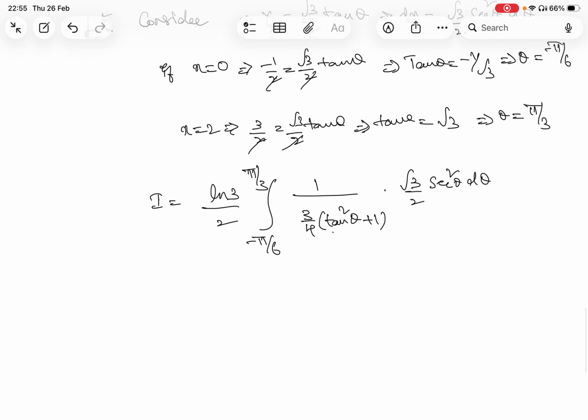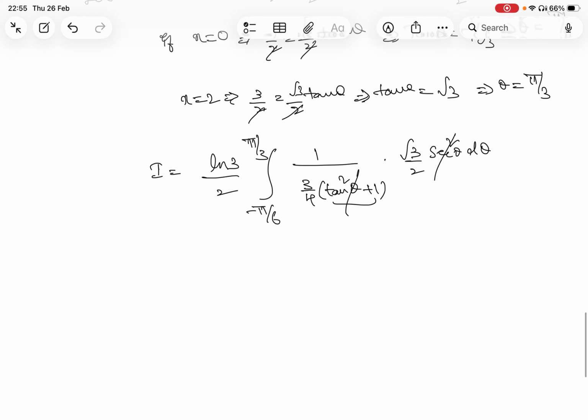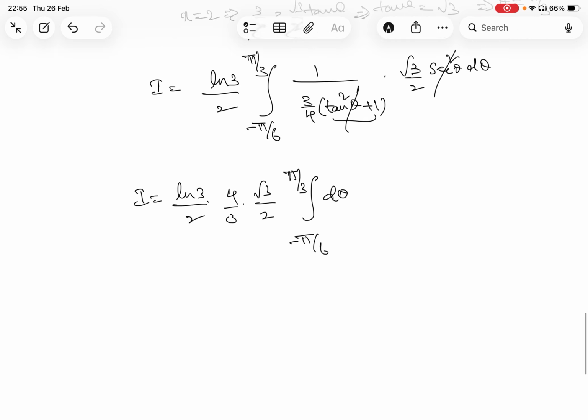Okay? Tan square theta plus 1 is secant square theta. Fine. This will get cancelled out. Now you are left with I equal to ln 3 by 2 into 4 by 3. You can take the constant root 3 by 2 out of the integral. Then you are left with the integral of d theta from minus pi by 6 to pi by 3. The 2 and 4 will go off.